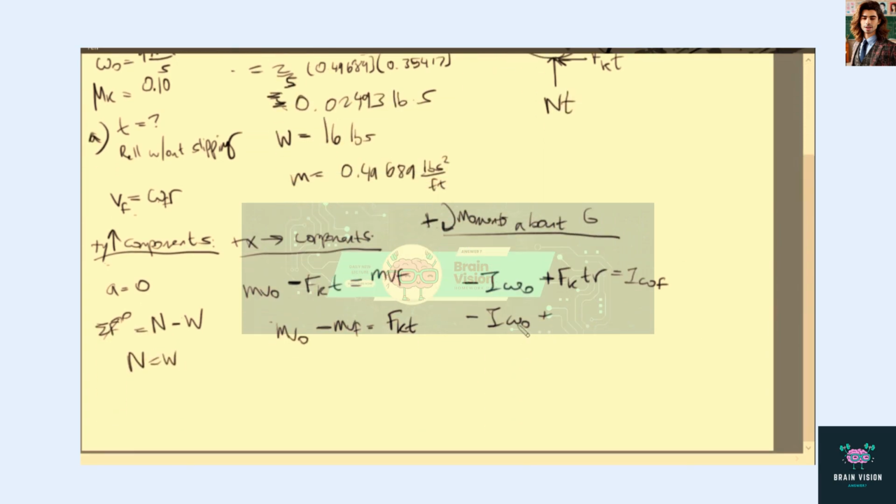So we have I times omega initial plus, since we just determined what Fkt is equal to, mv naught R minus mv final R equal to I times Vf over R. Now we're going to solve for Vf.